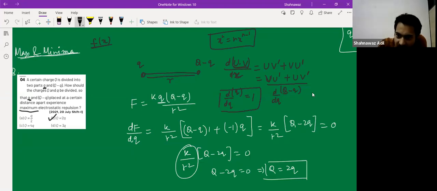So this becomes 0 and we have minus of dq by dq. So this is minus. That's why I wrote minus. Is that clear? So this derivative and this derivative. Tarif, clear?